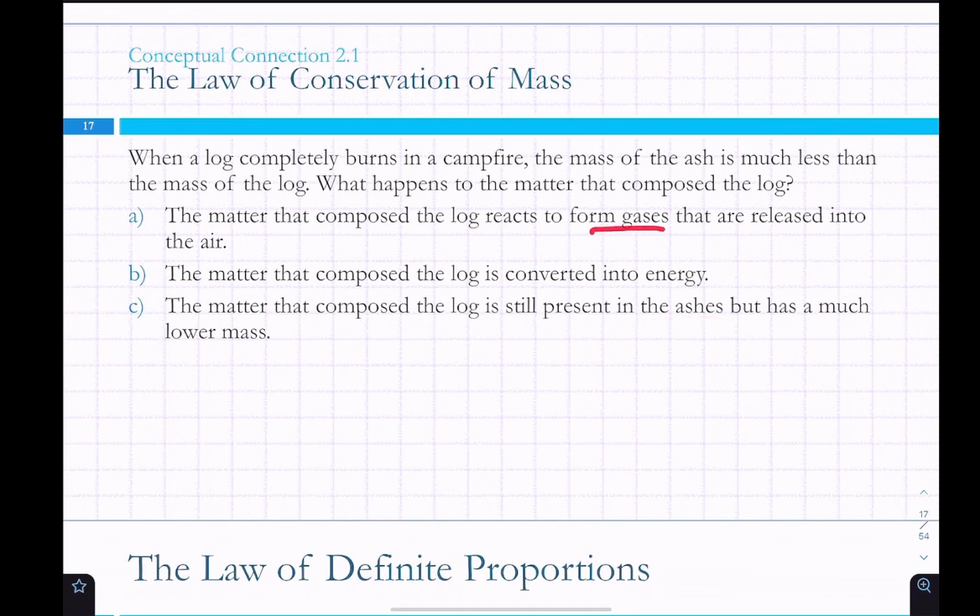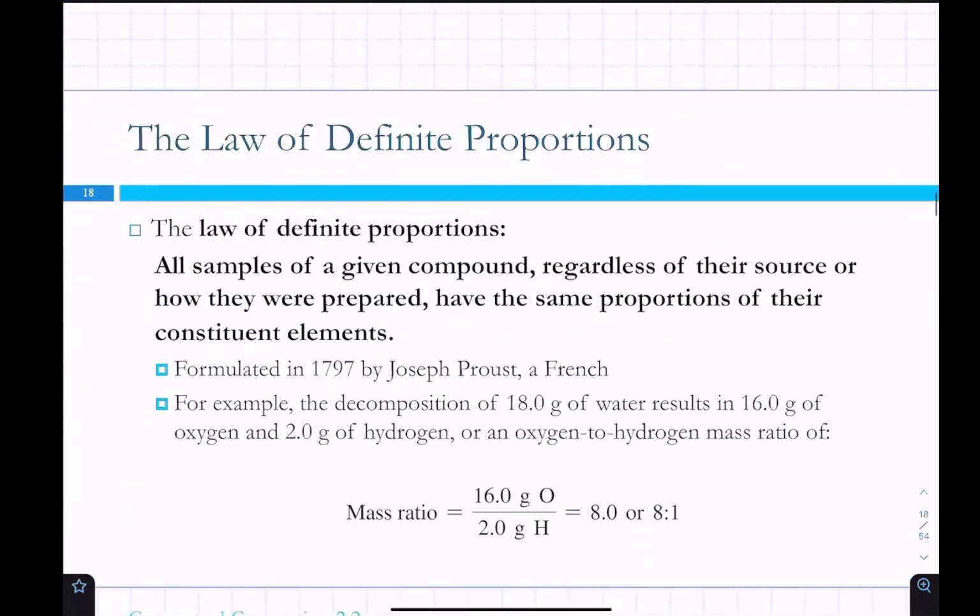Or formed gases that are released into the air? A. Yeah, so you're forming gases, and burning anything made of carbon is going to give you gaseous CO2 and gaseous water. Ash is always other stuff that's left over, and smoke is incomplete combustion. So matter is always conserved.